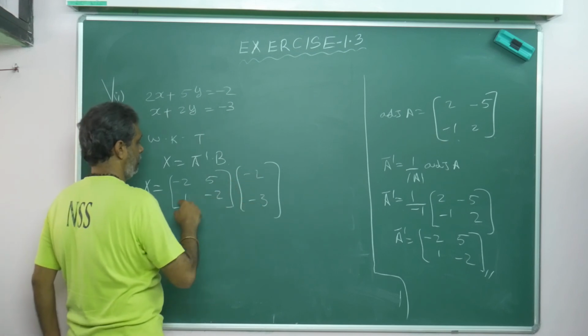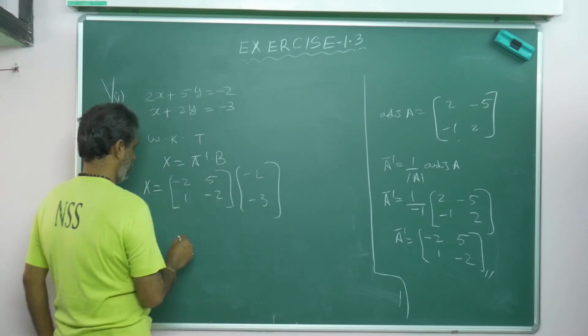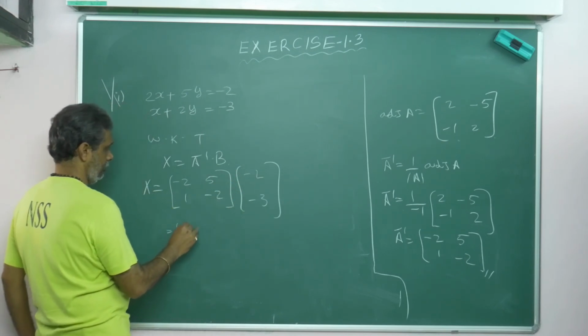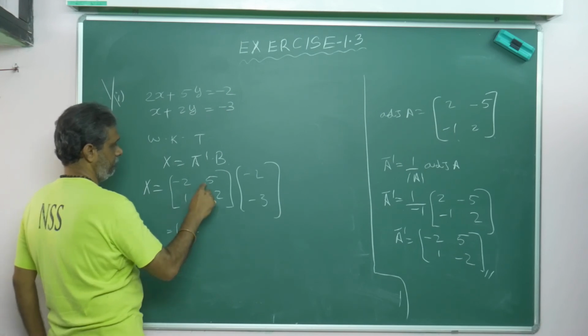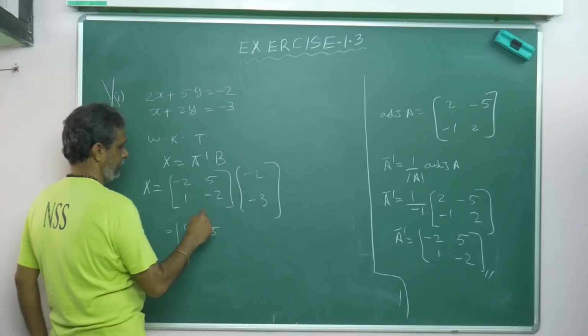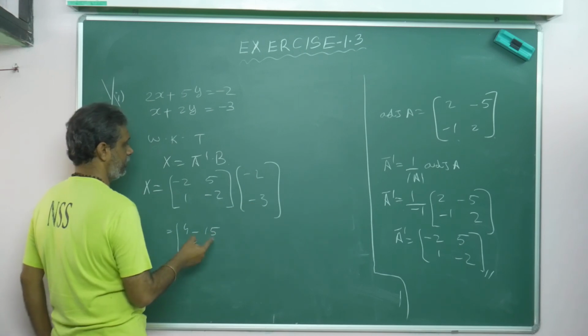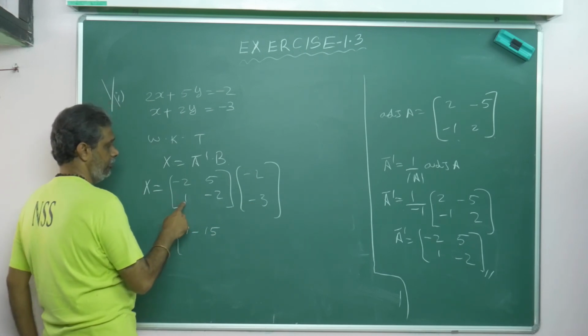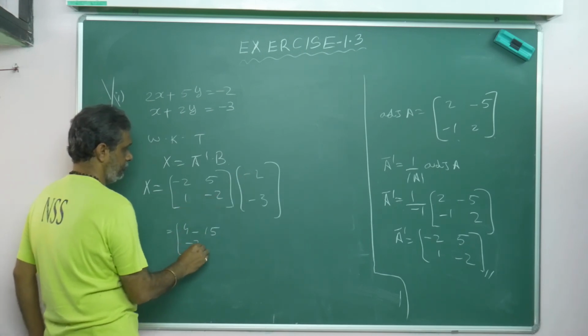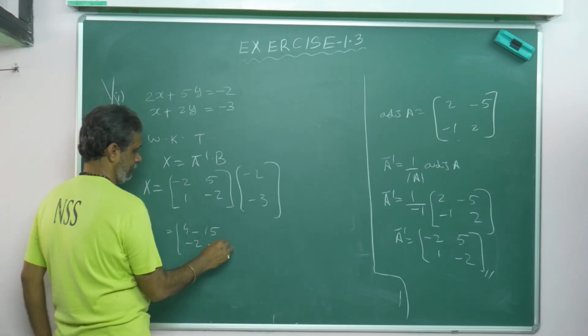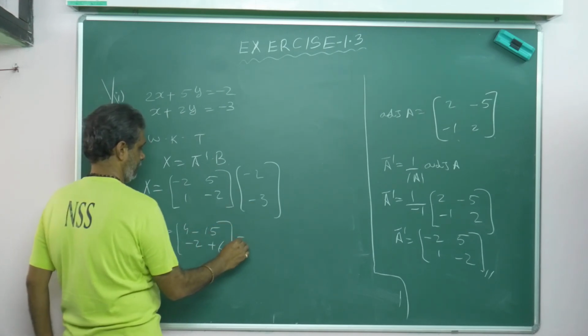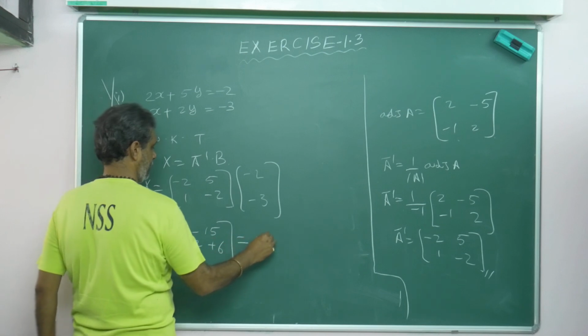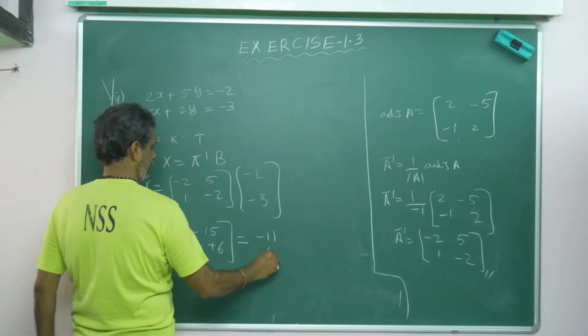First row, first column, then second row, first column. Then what you will get: this is 4 minus 15. Then second row, first column, 1 into minus 2 plus 6. 4 minus 15 is minus 11, this is 4.